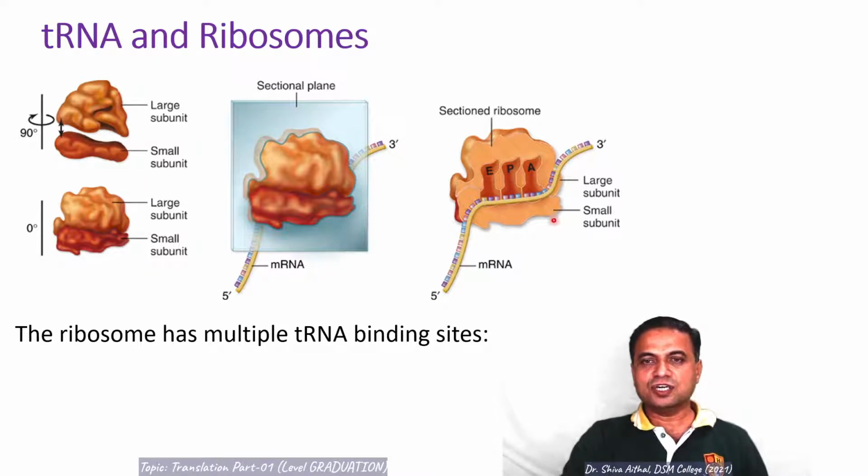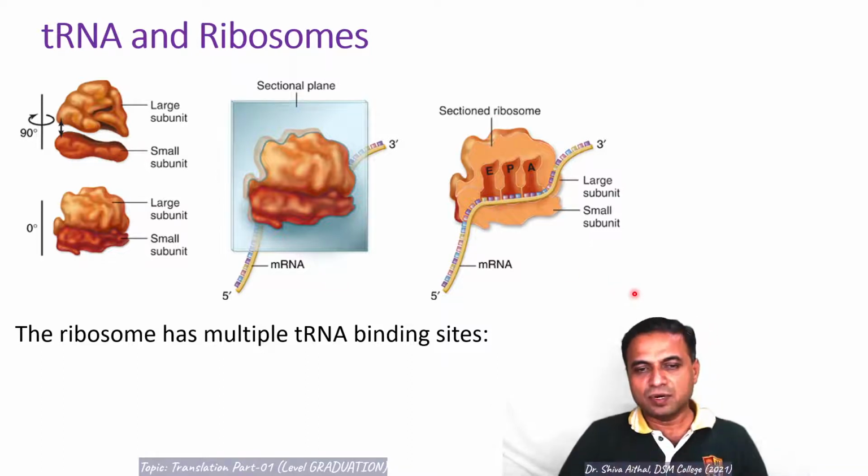That is a sectioned ribosome which contains E site, empty site, P site, peptidyl site, A site, the amino acid site, and the mRNA. There is a space for mRNA. mRNA is bound to the 30S subunit, and the tRNAs will be bound on the 50S subunit.